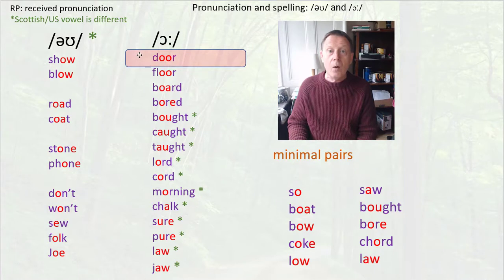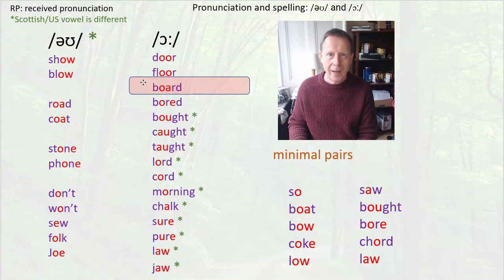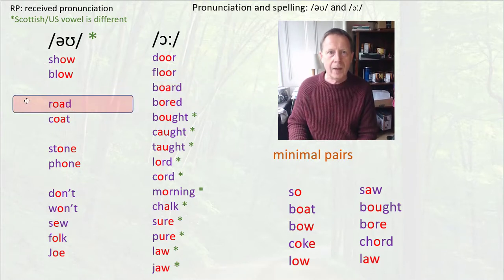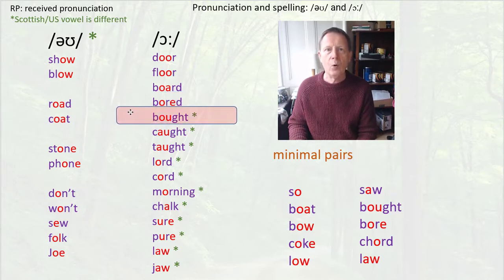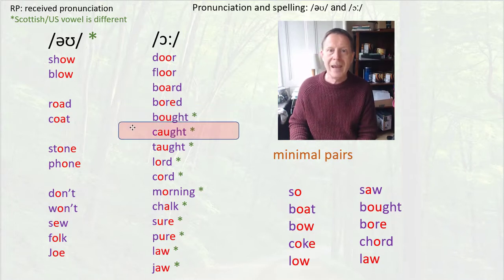So the common one is double O, as in door, floor. And then we have other ones with OA, as in board. And that's different from the OA, as in road. And then we have O and E, as in board. And then we have the OU spelling, as in bought or fought. And then we have the AU spelling, as in caught and taught.